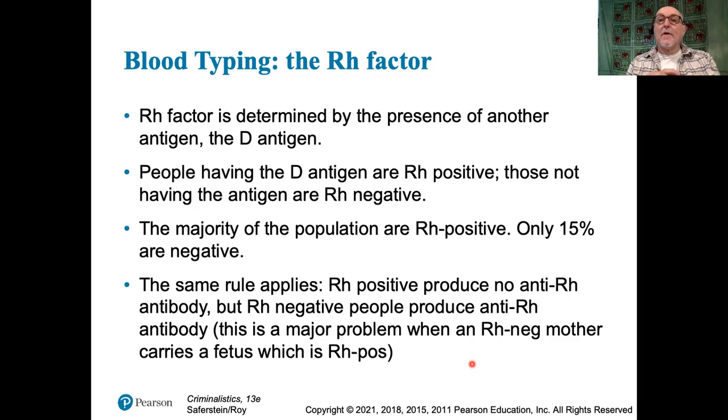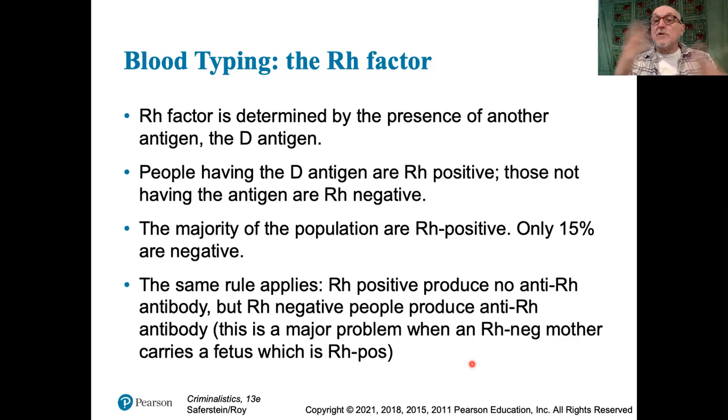The problem is that the woman can produce antibody to the Rh factor circulating in the fetal blood. It's not so much a problem during development in the uterus, but once the child is born, the mother's circulating antibody in the child's blood can begin to coagulate the infant's blood.